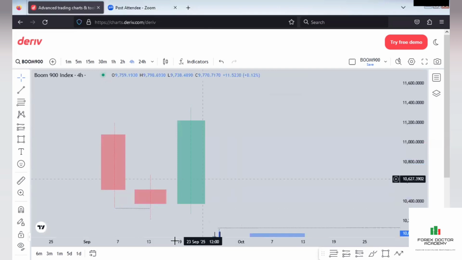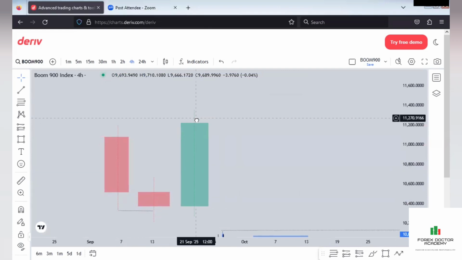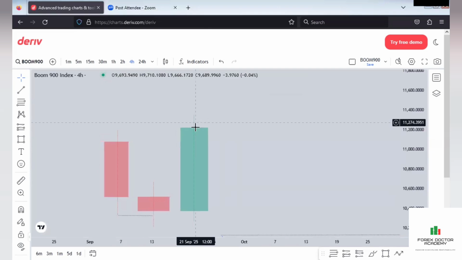Now, where your order block is going to be picked from is determined by the close of this engulfing candle. So in essence, where you're going to be mapping out your order block from is determined by the close of this engulfing candle.